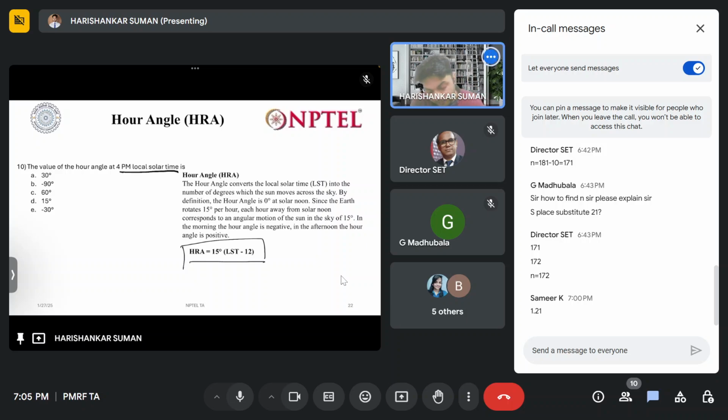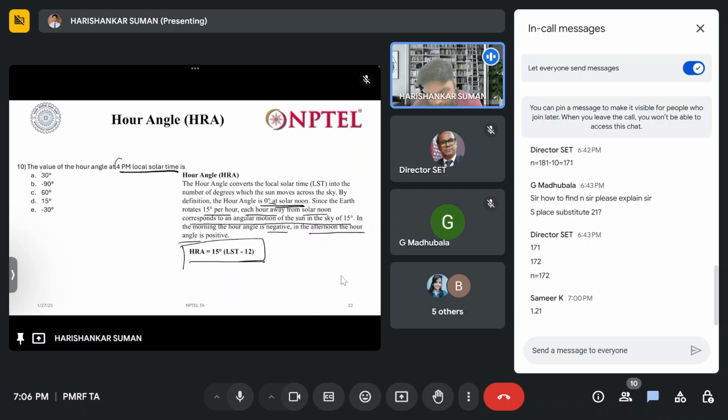So our angle converts local solar time into the number of degrees which the sun moves across the sky. By definition, the hour angle is 0 at solar noon. Since the earth rotates 15 degrees per hour, each hour away from solar noon corresponds to an angular motion of the sun in the sky of 15 degrees. In the morning, the hour angle is negative. Afternoon, the hour angle is positive.